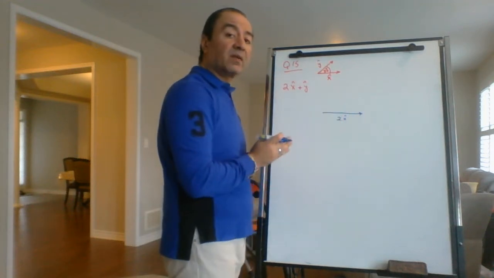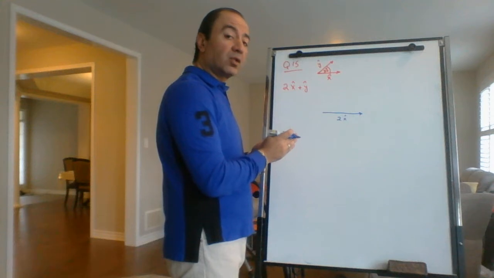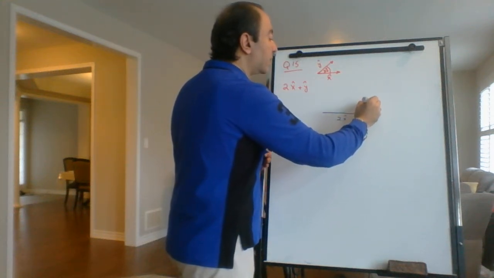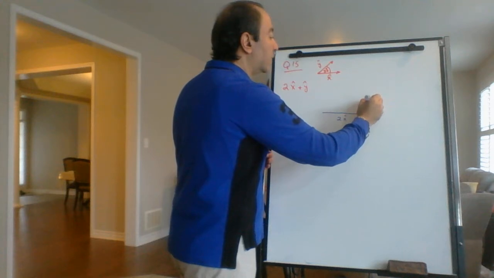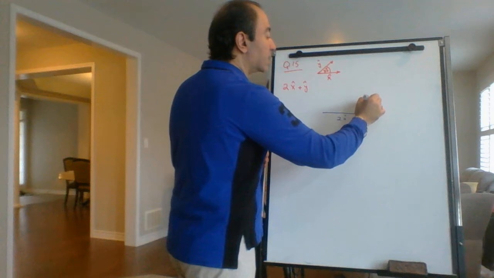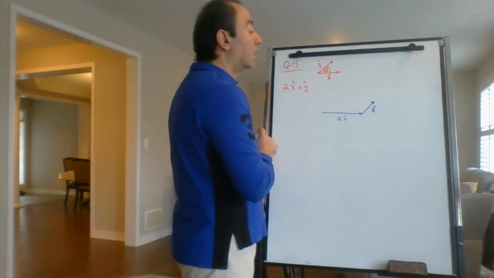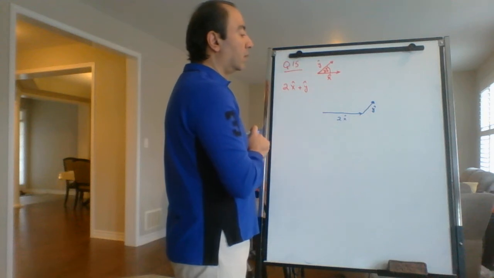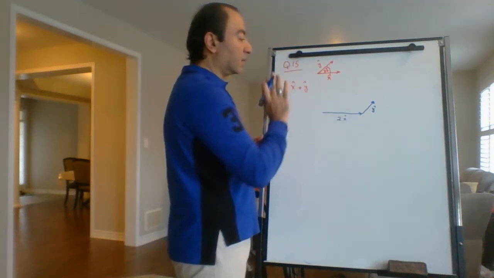We said that parallel vectors with the same magnitude are the same, so I will draw a vector parallel to vector y, unit vector y. So this is a vector with a magnitude of 1 and parallel to vector y. So this and this are the same.